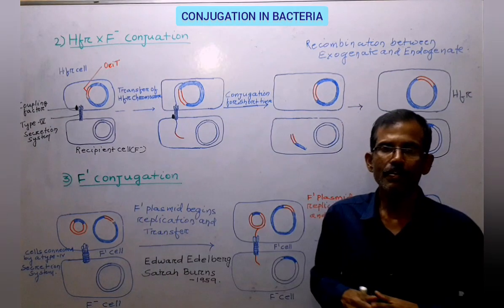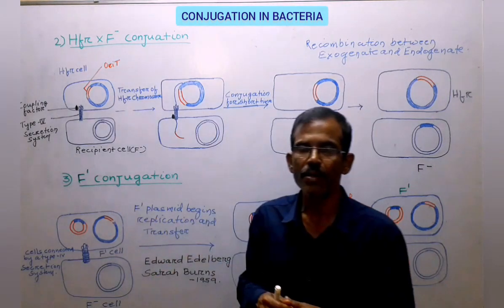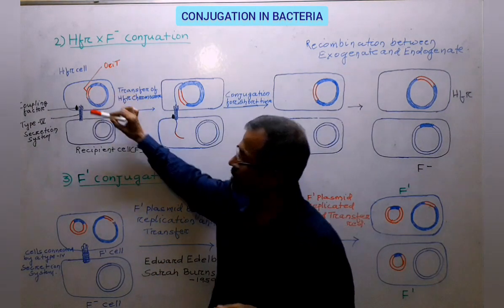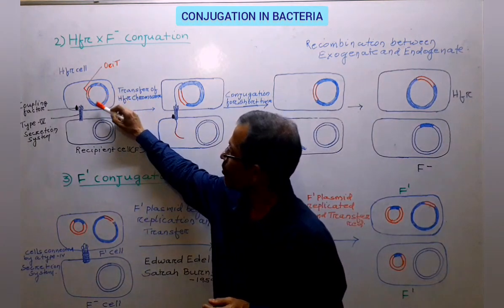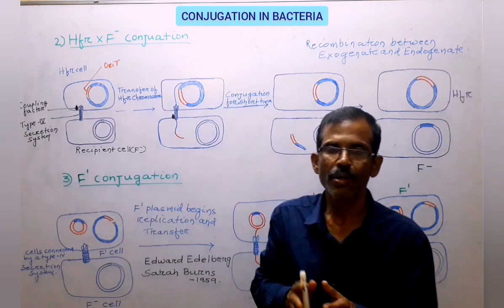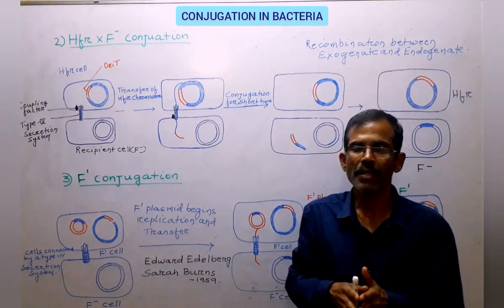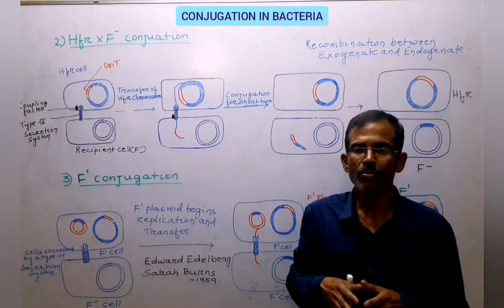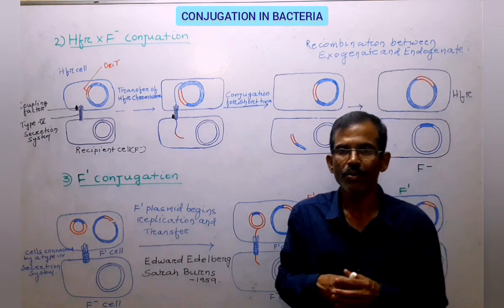The third type of donor cell is the F prime cell, which is produced when the integrated F factor is excised inaccurately from the Hfr chromosome. So when there is an error in the excision of the integrated F factor, it may carry some of the chromosomal genes, and may or may not lose some of its own.